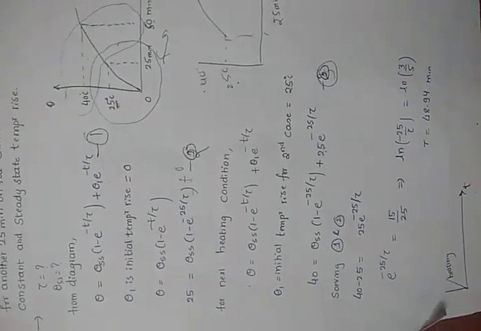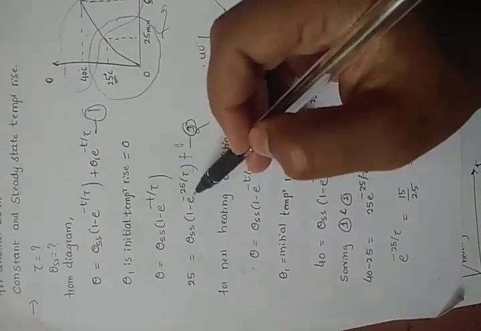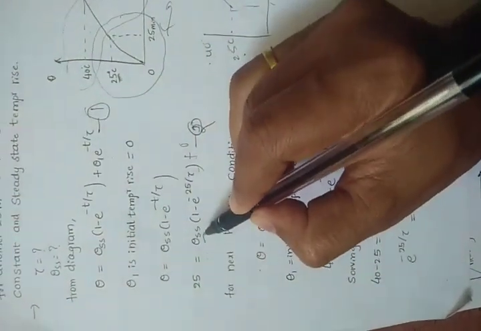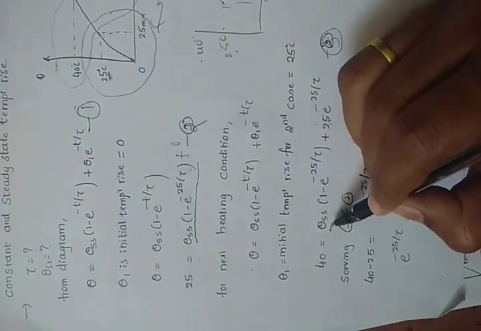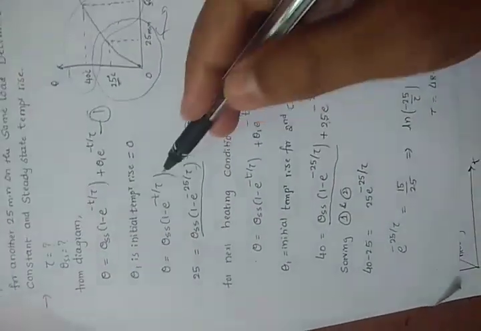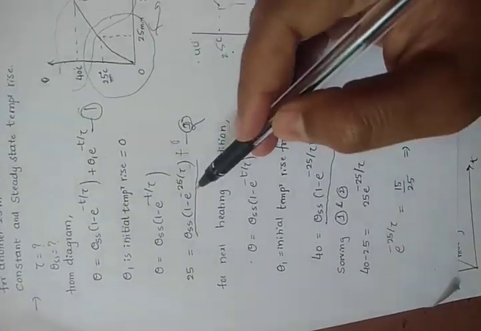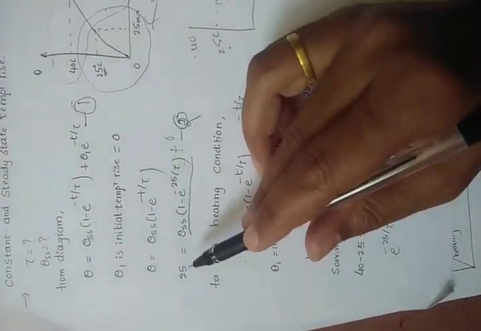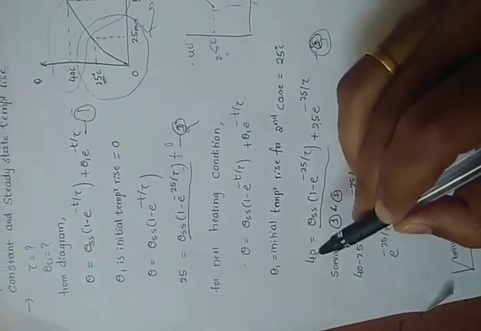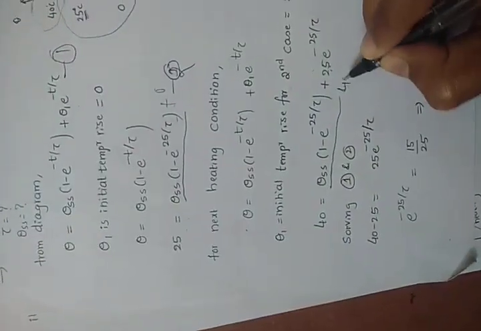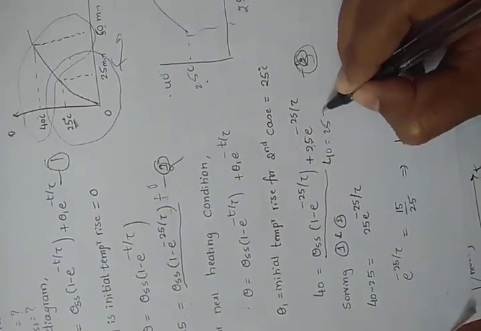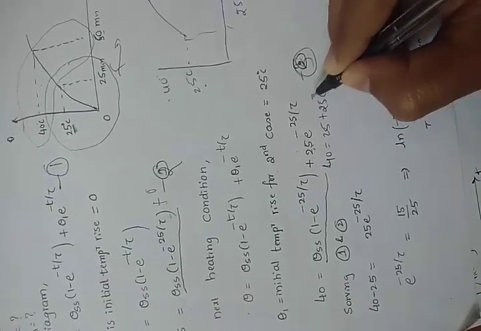How do we solve these two equations? We check the second equation: the part theta s times (1 minus e power minus 25 by tau) is the same as in the first equation, so it is equal to 25. Just substitute here: 40 equals 25 plus 25 e power minus 25 by tau.